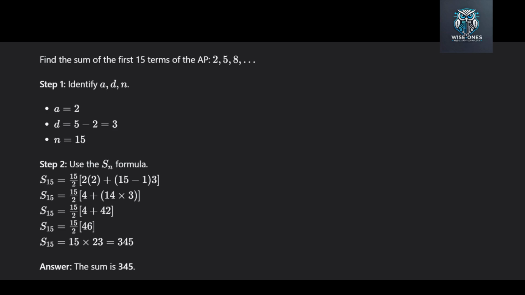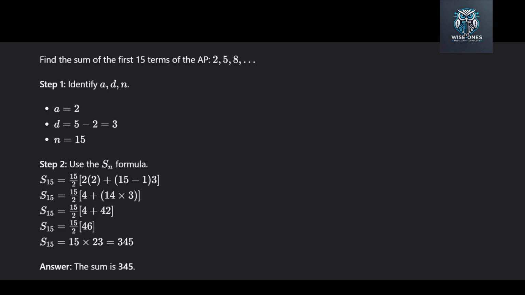S sub 15 equals 15 over 2 multiplied by open bracket 2 times 2 plus open bracket 15 minus 1 close bracket multiplied by 3 close bracket. Let us calculate inside the big bracket first. 2 times 2 is 4, 15 minus 1 is 14. So now we have open bracket 4 plus 14 multiplied by 3 close bracket.